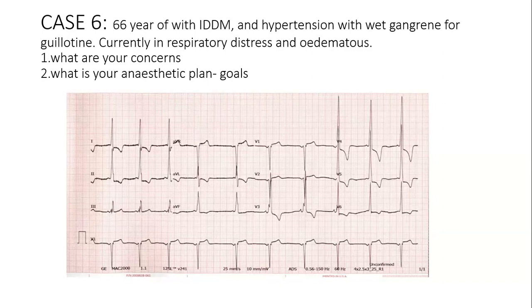But looking at this history, that would not necessarily be a good idea. If you do a regional anesthesia on this patient, you would need to avoid spinal anesthesia. If you do a regional, you have to do a very much graded epidural anesthesia. Why am I saying that? This patient is in trouble already.